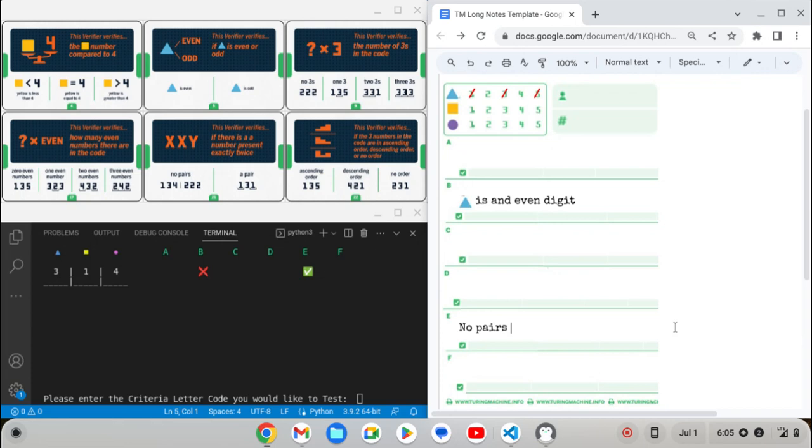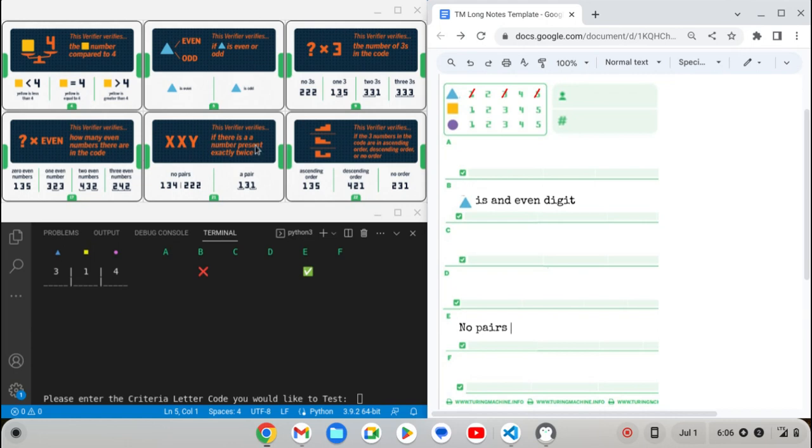Since there are no pairs, technically they could be all distinct, or it could be a single digit repeated 3 times. If that were the case, then you would know that there were all 3s. Well, it could be that there are no 3s.